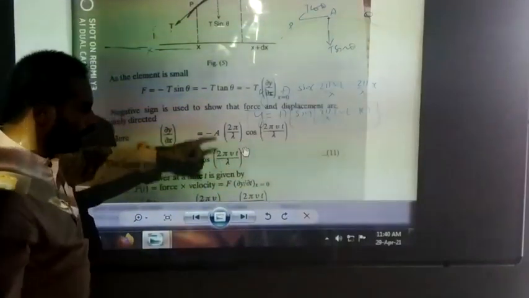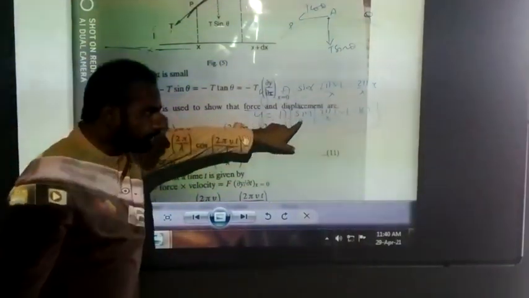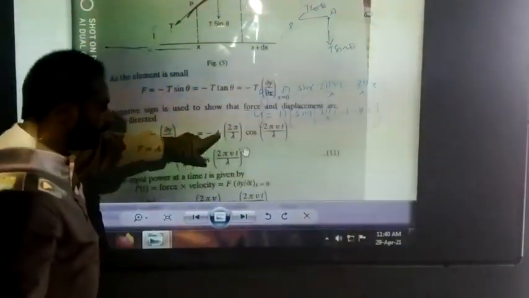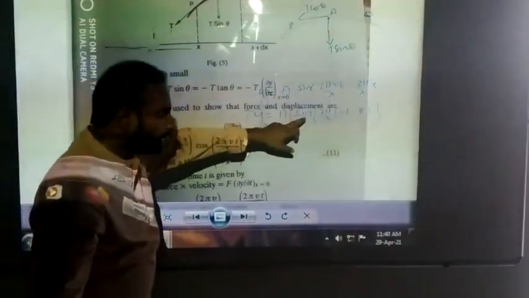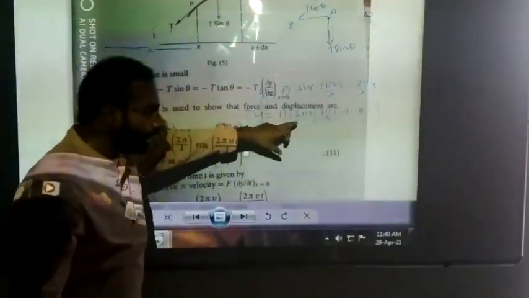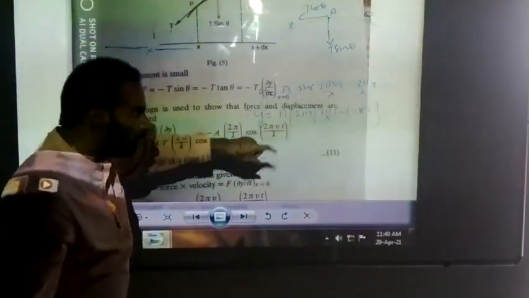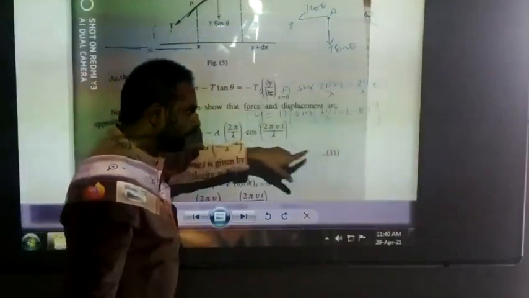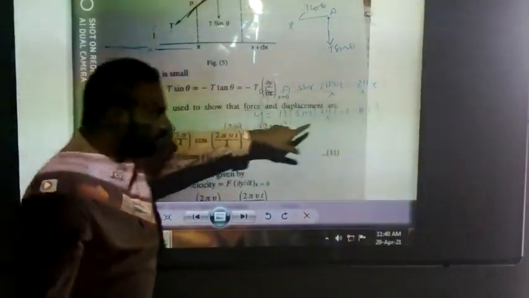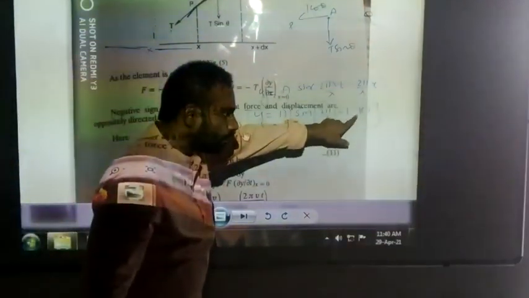Because the differentiation of sin (2π/λ)(vt − x) is minus a, since the differentiation of sin θ with respect to x is cos θ, but the internal differentiation with respect to x gives a minus value.